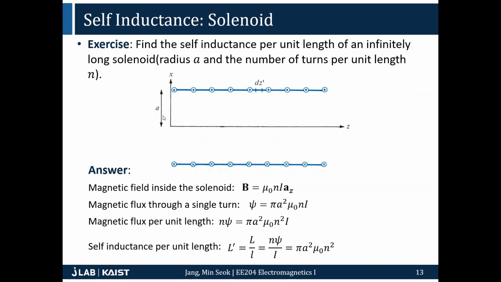Then you evaluate the magnetic field, and multiply by the circuit area and the number of turns, and you get the magnetic flux per unit length, or total magnetic flux. By dividing this by your current, you get the self-inductance. Mutual inductance can be calculated in a very similar way. You just assume current I, evaluate the magnetic flux, and divide the magnetic flux by current I.